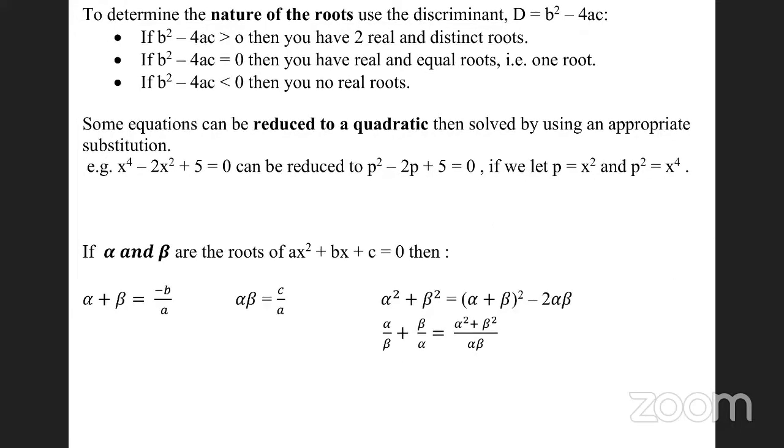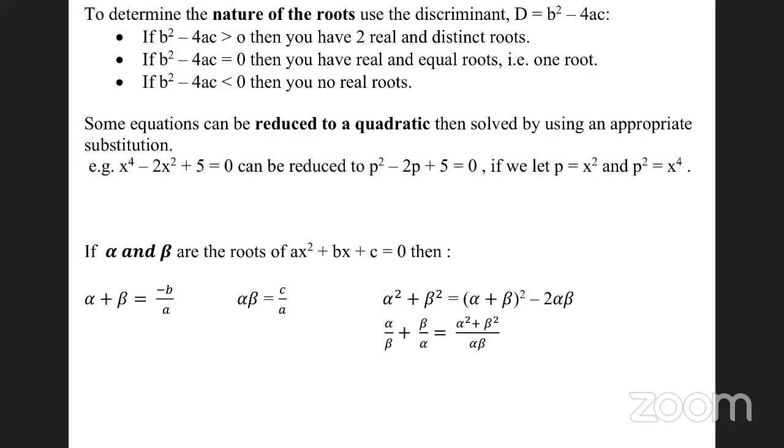Some equations can be reduced to a quadratic, then solved. Equations like this are called disguised quadratics. You have to see them and remember that you can replace x squared with p and turn it into a quadratic. So you have to be able to solve disguised quadratics.